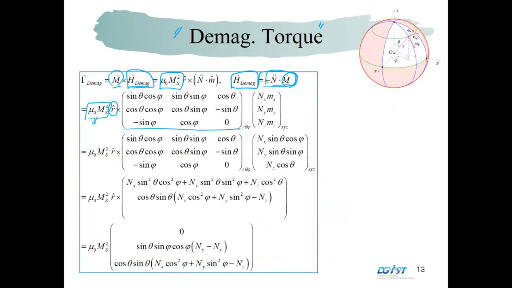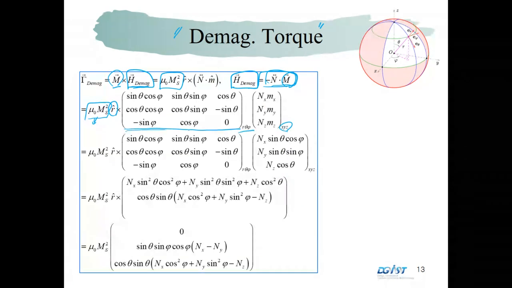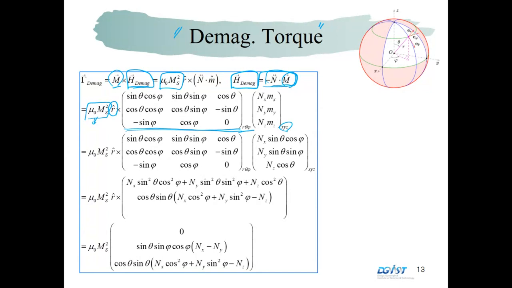In order to convert the XYZ coordinate system to the polar coordinate system, we need this matrix. The mx, my, mz are nothing else but the x, y, and z components in the polar coordinate system. So the x component should be sine theta cosine phi, and likewise the y and z components. Then let's do the matrix operation. If you multiply this vector by this transform matrix, then you can obtain this form.